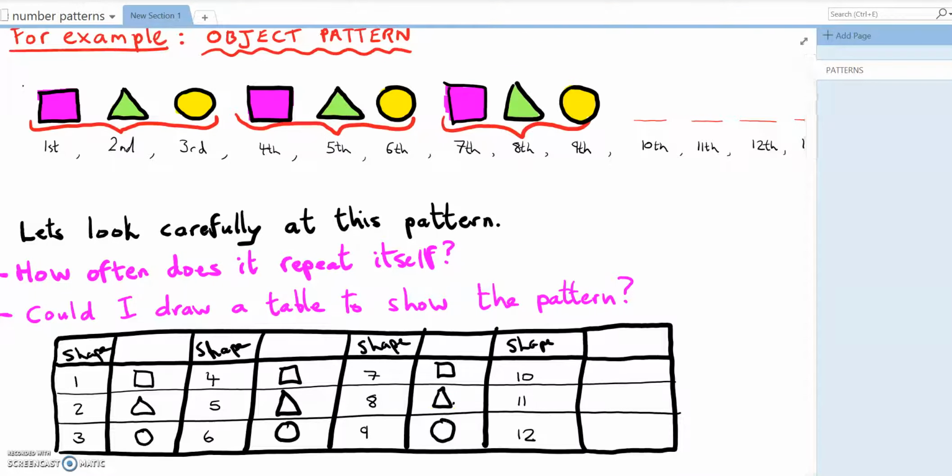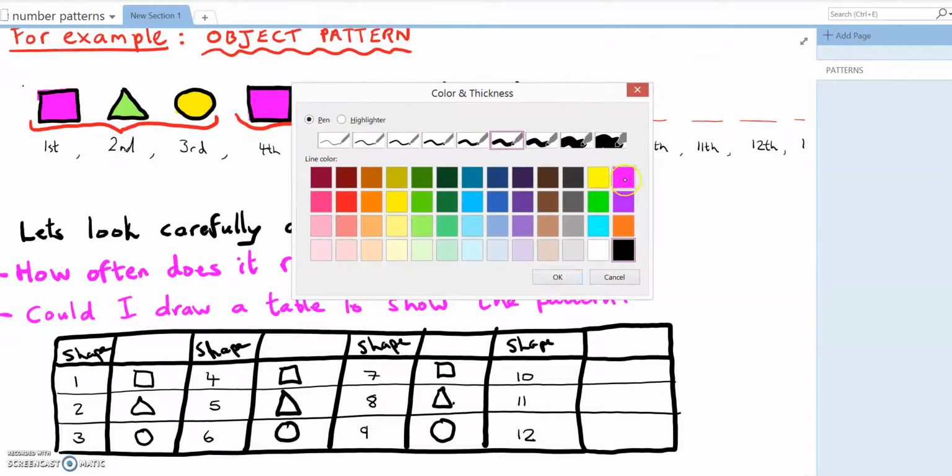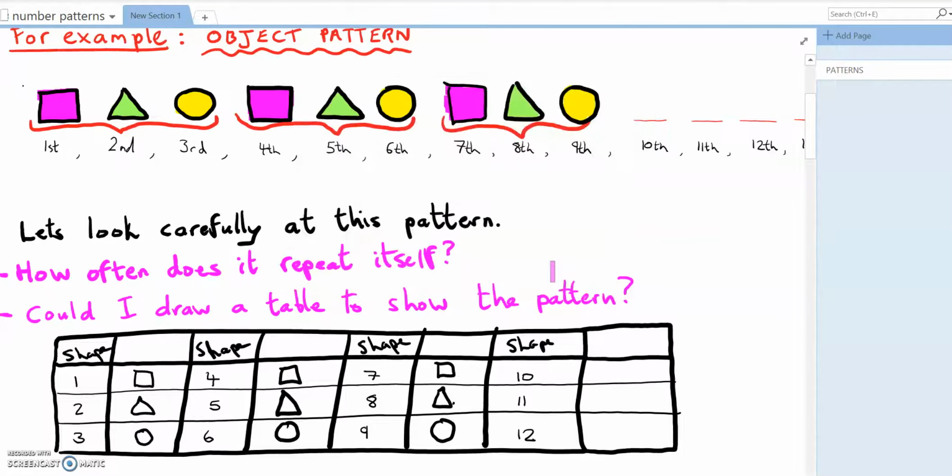So you see, and I'll just get a nice little highlighter now for this. You see my purple boxes along here. And I might as well extend that. You see my green triangles along here.